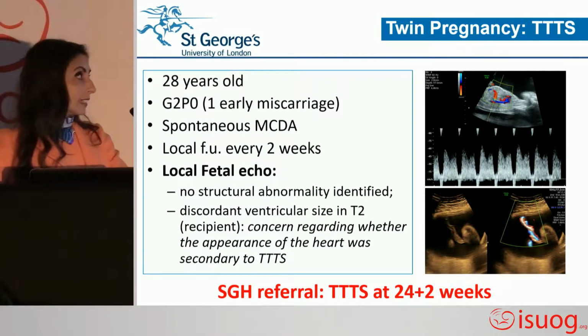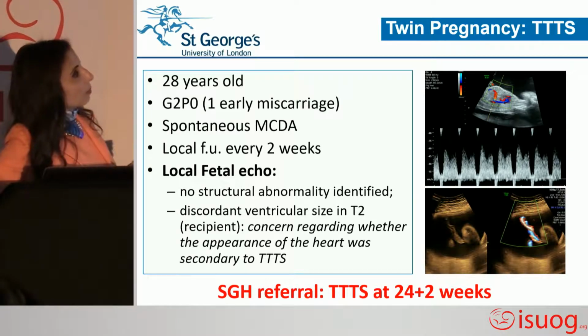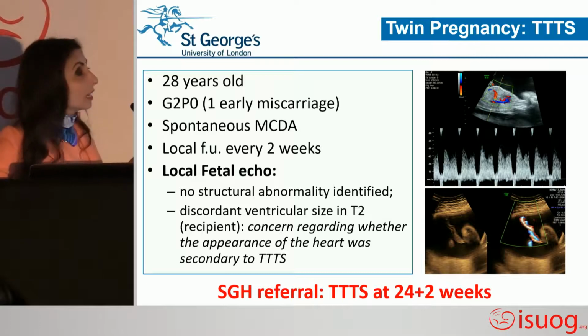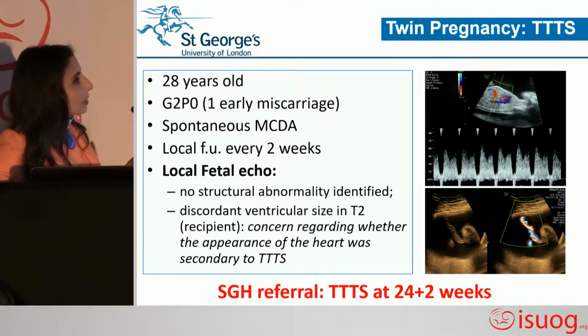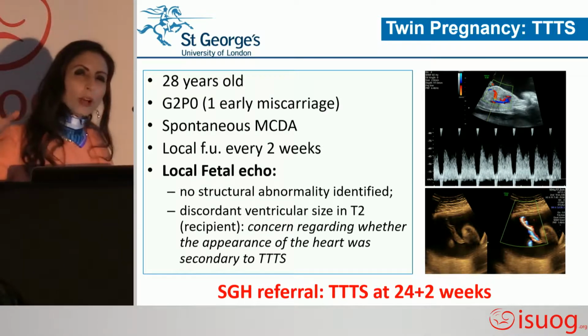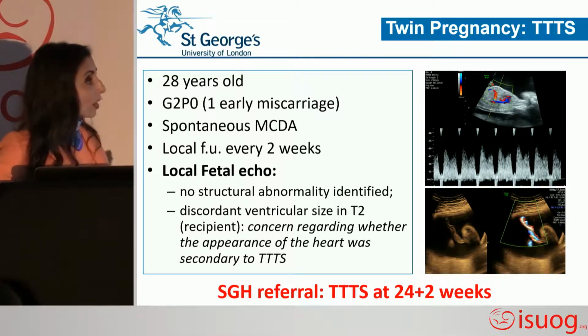So this is another case. This is the last case I'm going to show you this morning related to TTTS. This is a woman, 28 years old, first pregnancy, had an early miscarriage, had a spontaneous MCDA pregnancy, and she was having local follow-up every 2 weeks. During the follow-up, they noticed that there was a ventricular disproportion, so she had an echo.